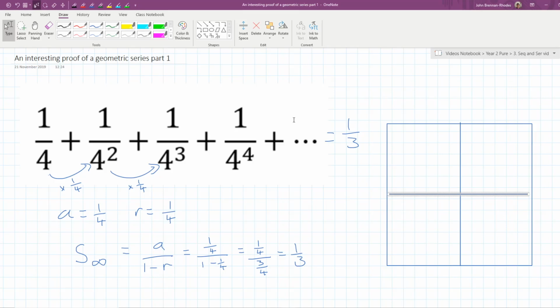So maybe I shade in a quarter of this square. This area here is a quarter of it.